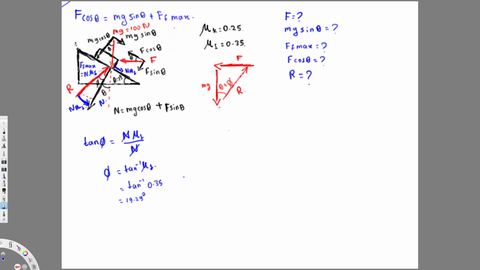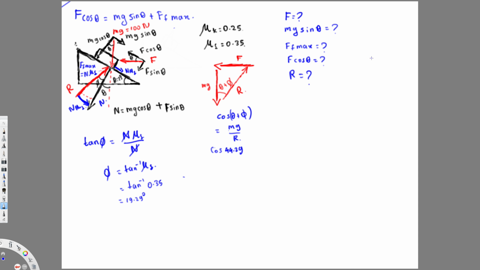If I use cos of theta plus phi, I will get cos is adjacent over hypotenuse. In this case, adjacent is mg and hypotenuse is R. So theta plus phi is basically 25 plus 19.29, so it comes out to be 44.29.